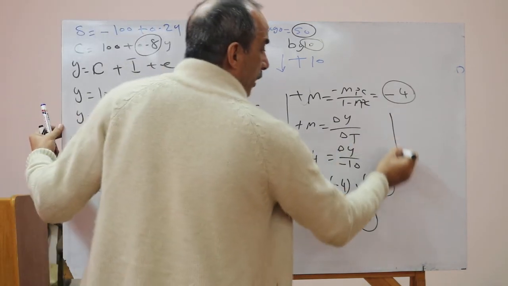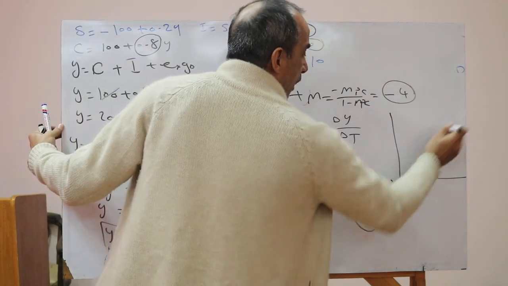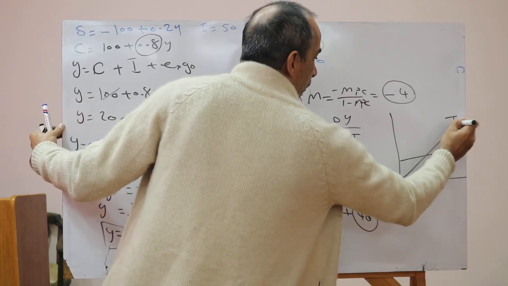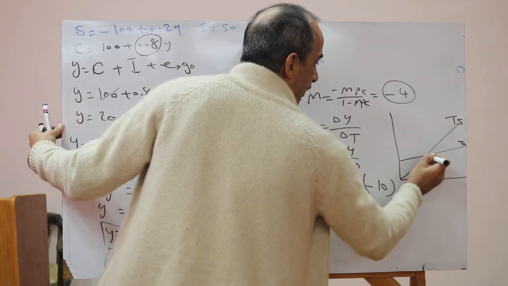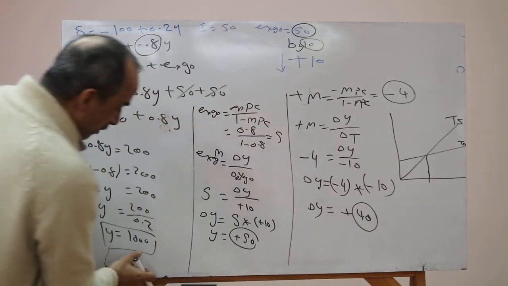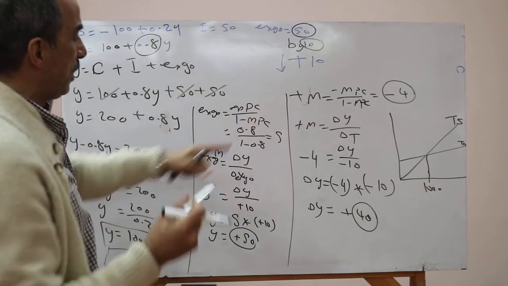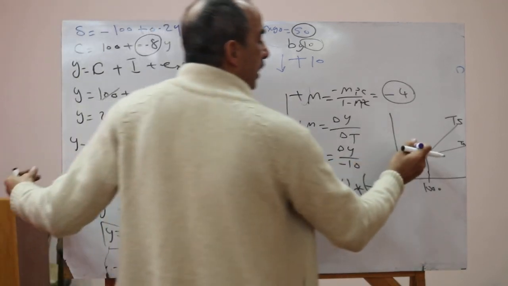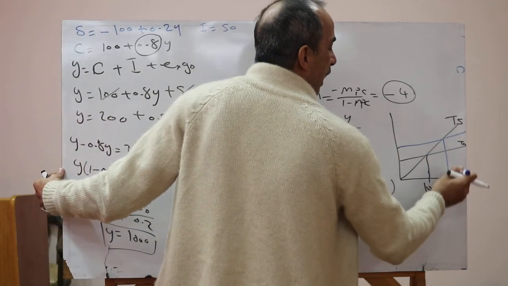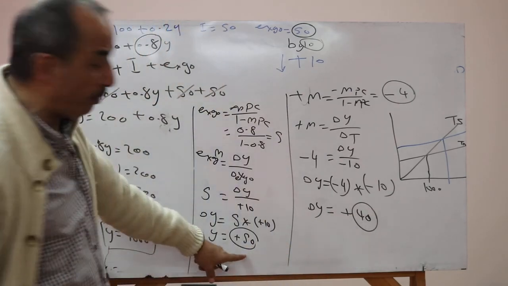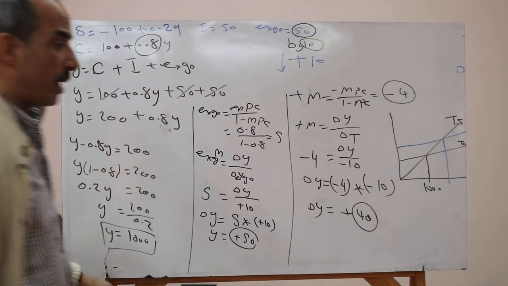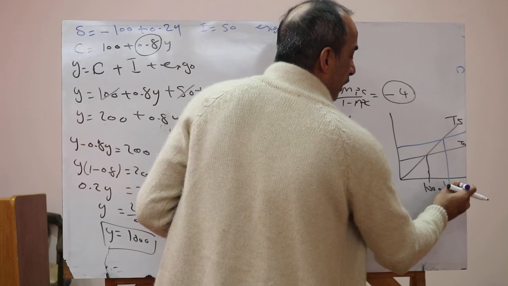And in the graph, this is total supply and this is total demand. This is income before the change, 1,000. When the government expenditure increases, the total demand increases and the national income increased by $50 million, to $1,050 million.